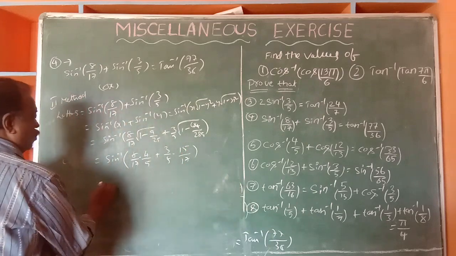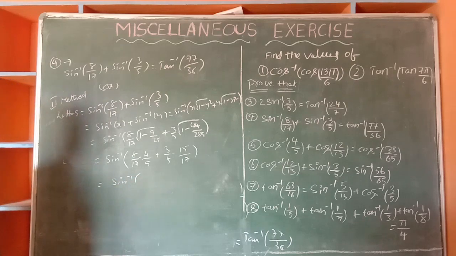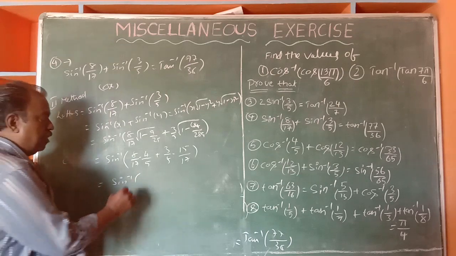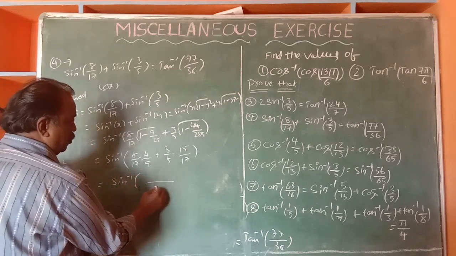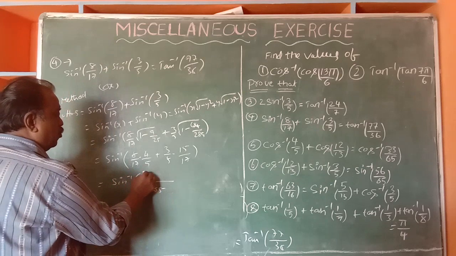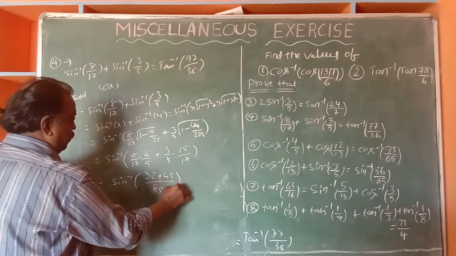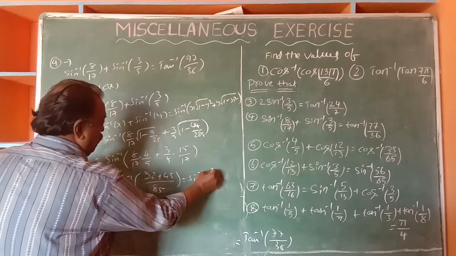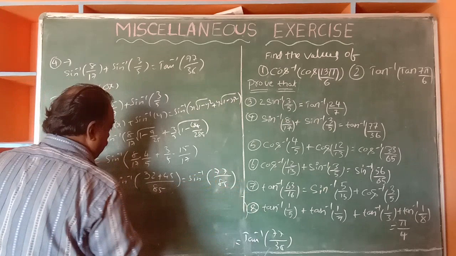Okay, here also we can find the RHS the same way. 17 times 5 is how much? 85. This is 32 plus 45, so it is sine inverse 77 by 85.